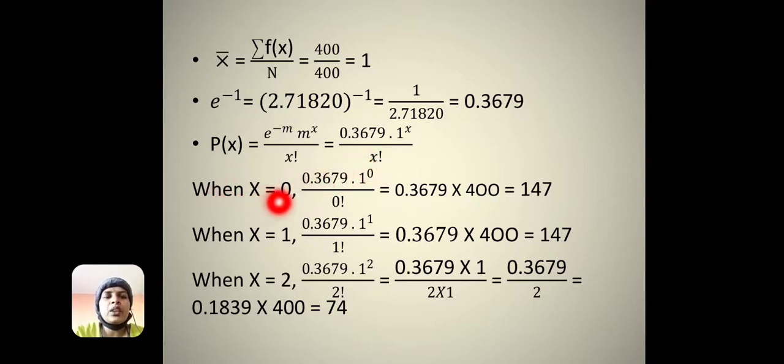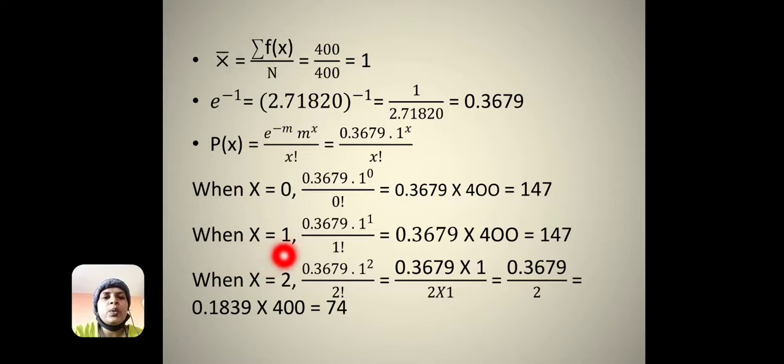The probability of x, for everything till 5, we have to calculate e power minus m, m power x divided by x factorial. So it is 0.3679 into 1 power x divided by x factorial. When x is 0, the answer is 0.3679, and it must be multiplied with the n value to get the expected frequency.